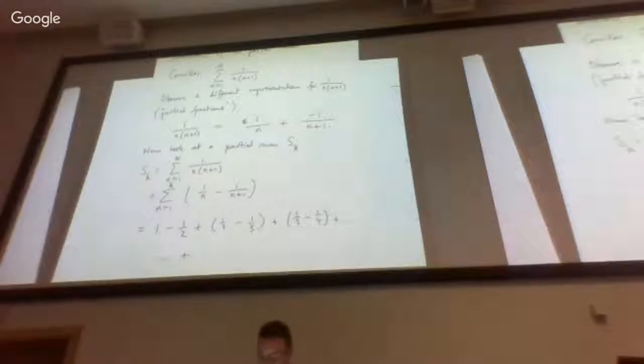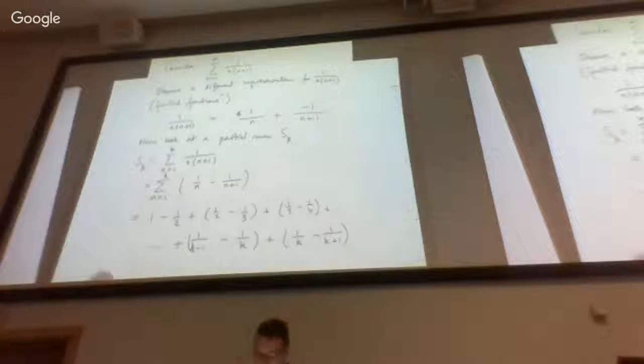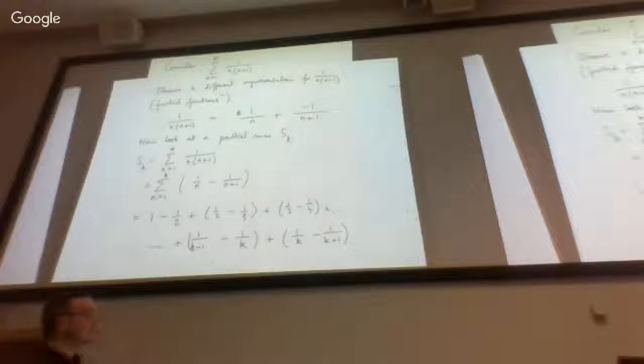Let's add in the last 2. So the second last term of the partial sum is when n is equal to k minus 1. So there you'll have 1 over k minus 1 minus 1 over k. Then the very last term is when n is actually equal to k. So the last term is 1 over k minus 1 over k plus 1.